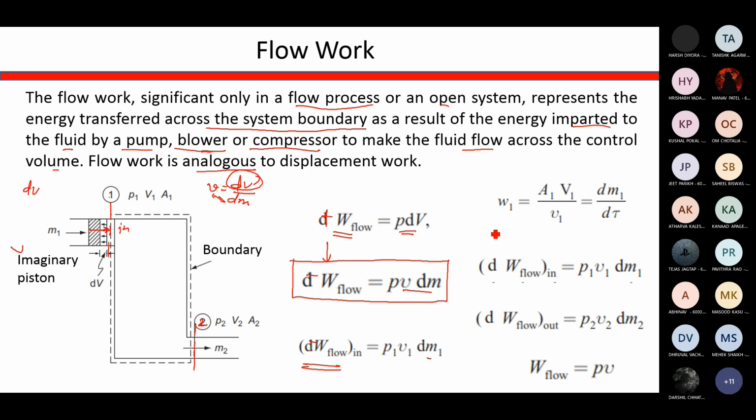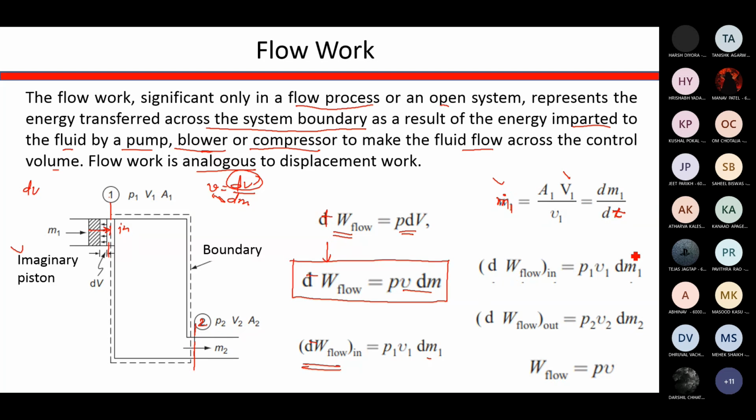Mass flow rate is nothing but the rate of change of mass per unit time, right? So instead of using W, I will be using the symbol m dot 1. So m dot 1 will be given as A1 V1 upon small v. This is volume and this is specific volume. This is also nothing but dm1 by dt. Call this time t and not tau. So dm1 by dt is the mass flow rate m1 dot.